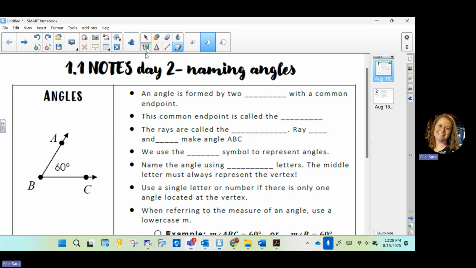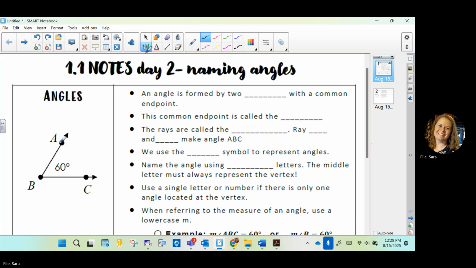First off, an angle is formed by two of something that we learned about yesterday. Looking at this picture, what are there two of that meet at this point B? Remember the difference, a line had an arrow on both sides.